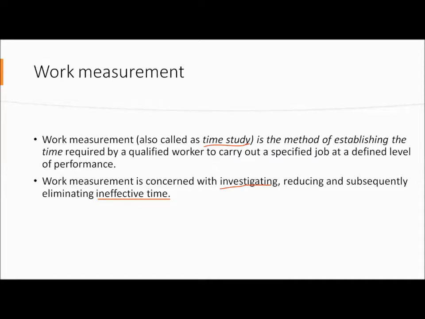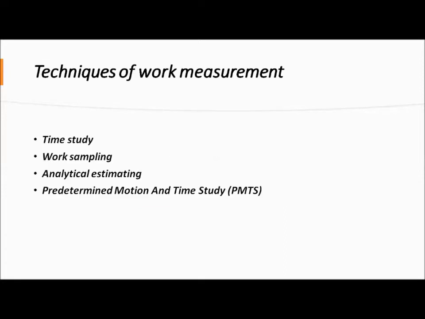The methods which you use for work measurement are: the first is time study, the second is work sampling, the third is analytical estimating, and the next is predetermined motion and time study, or PMTS in short. In this lecture we will be studying the different methods used for work measurement, and then we will do some problems so that the idea is very clear.